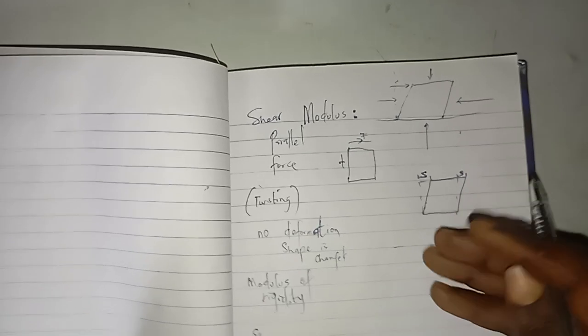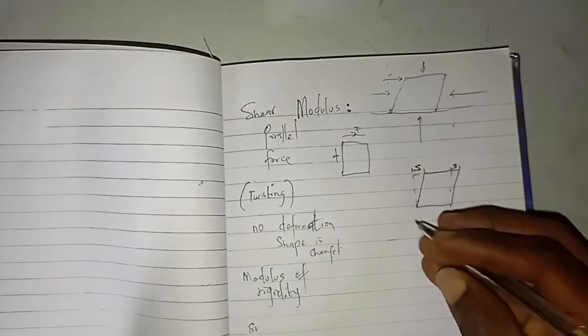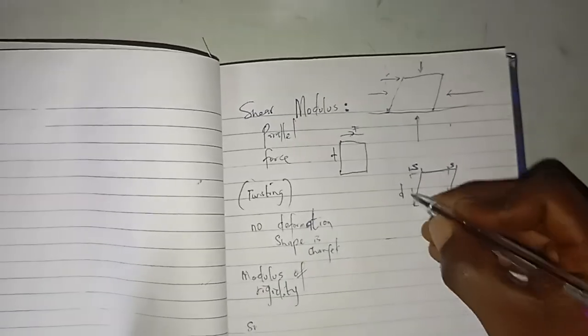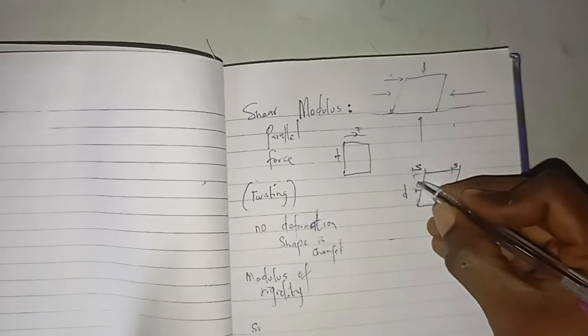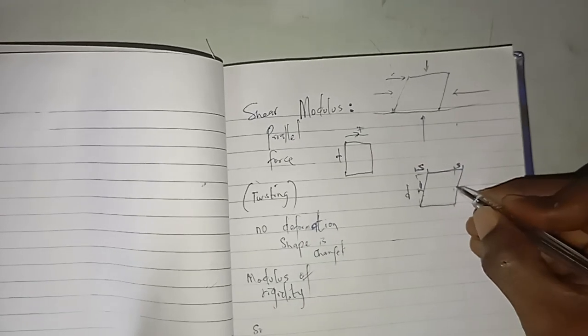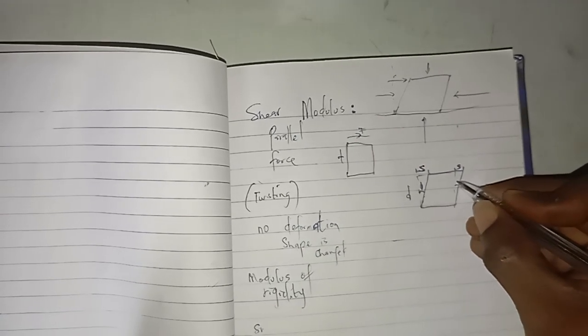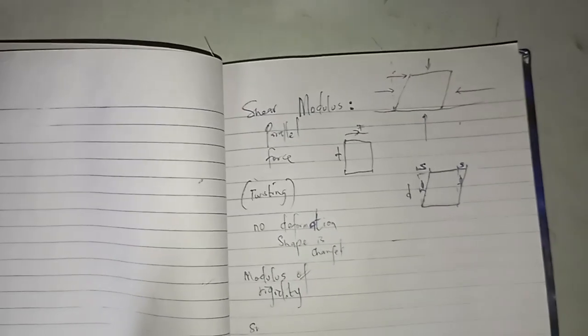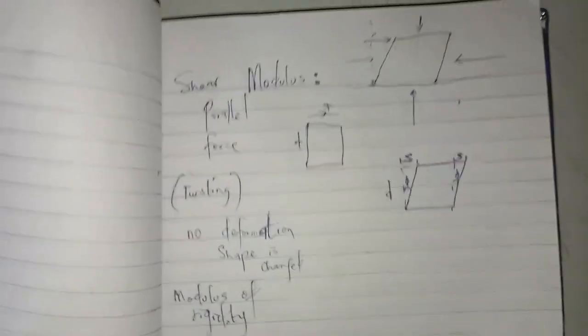Changing of position. While this is D. The angle you have in order for it to get to that displacement is what you call phi.